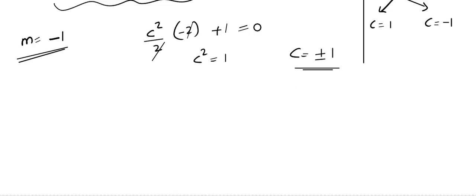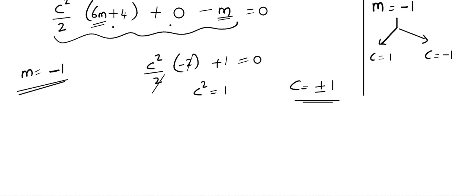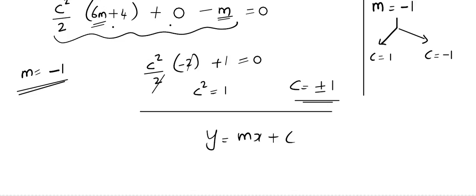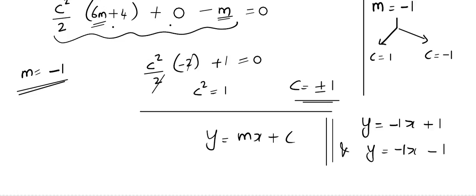So now look at this. We assume the asymptotes to be y equal to mx plus c, right? So let's plug in the values. So the asymptotes are y equal to minus 1 into x plus 1 and y equal to minus 1 into x minus 1. So that's it. We get three asymptotes.